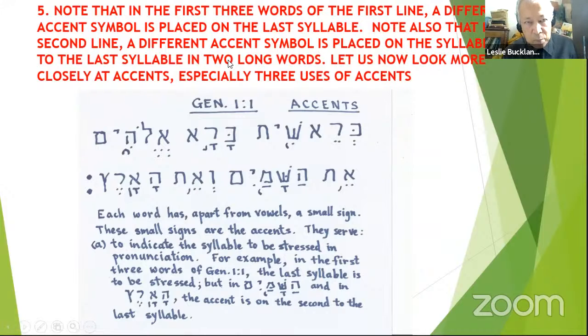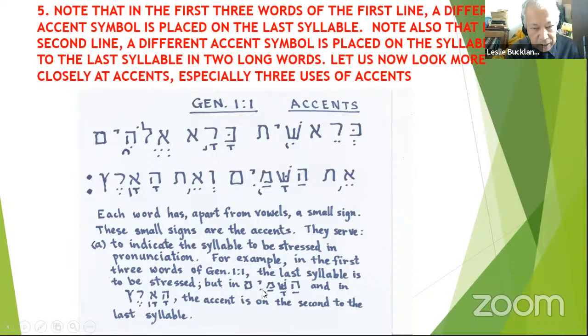Now let us look more closely at accents, especially three uses of accents. They serve A, to indicate the syllable to be stressed in pronunciation. For example, in the first three words of Genesis chapter 1, verse 1, the last syllable is to be stressed. Sheath, ra, him. These are the last syllables.